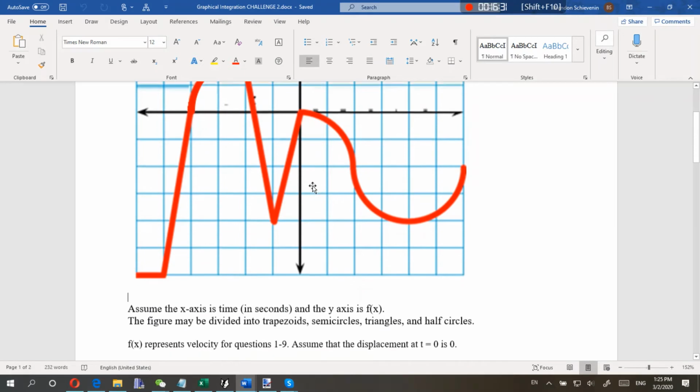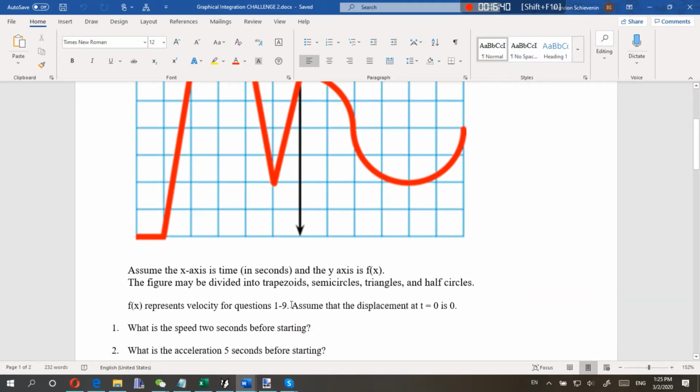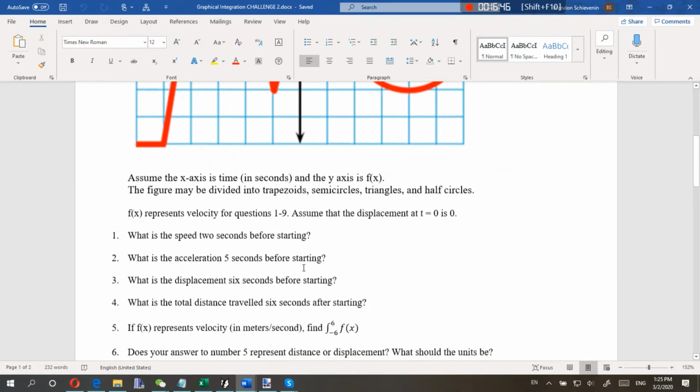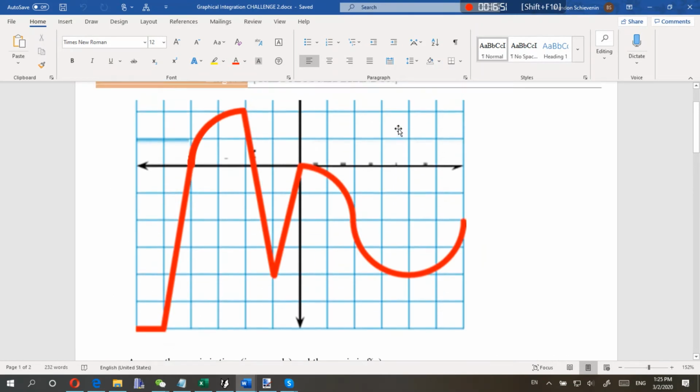Okay, so I've got another graph that we're using. The x-axis is time, the y-axis is f of x, and for questions 1 through 9, f of x is velocity. The displacement at t equals 0 is 0. Okay, so I've got a bunch of questions here.